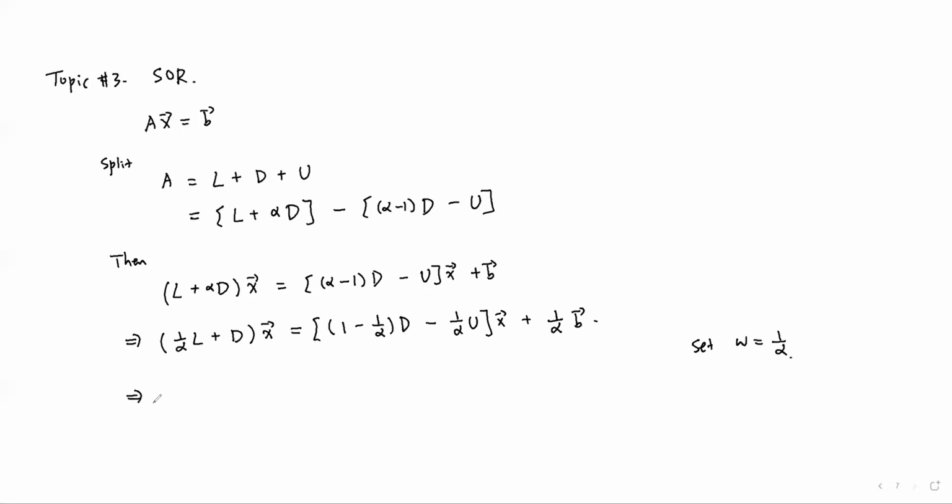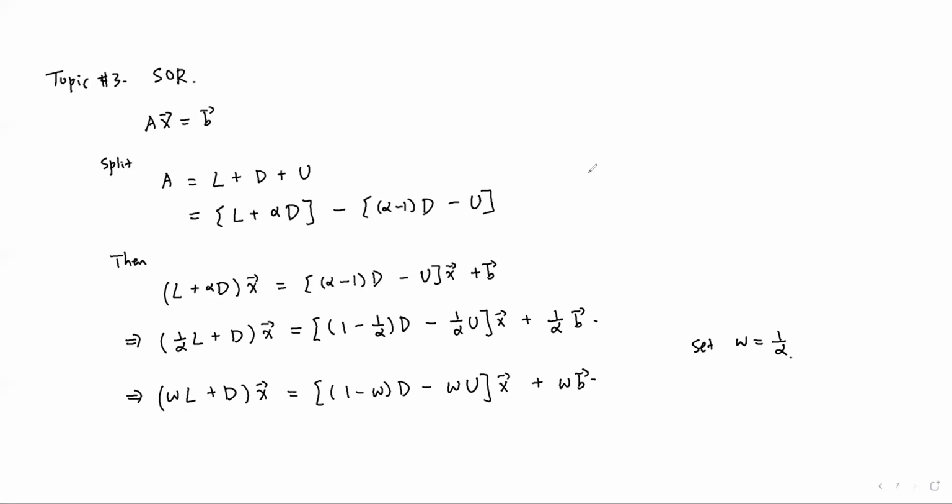From here we have this equation: (omega L plus D) X equals ((1 minus omega) D minus omega U) X plus omega B.